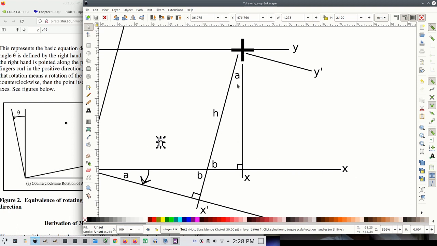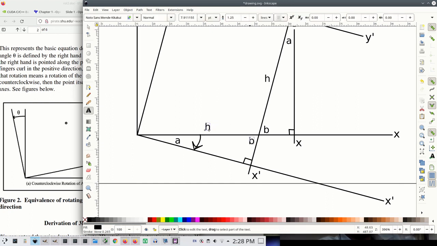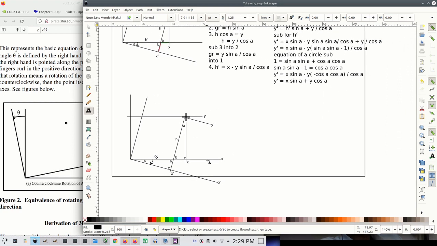It's going to use this y mostly. And this one is mostly going to use this x prime, so I'm putting H prime. It's arbitrary, it doesn't have to be that. I'm just marking it for convenience.